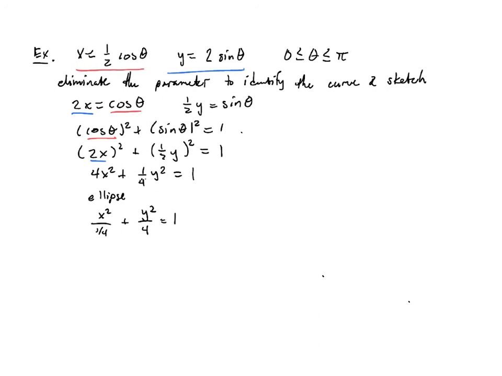And to make our box easy to read, it's x squared over 1/2 squared plus y squared over 2 squared equals 1. So in the language we used in the previous section, a equals 1/2. That'll be the x width of our box, and b equals 2, which will be the y height of our box.